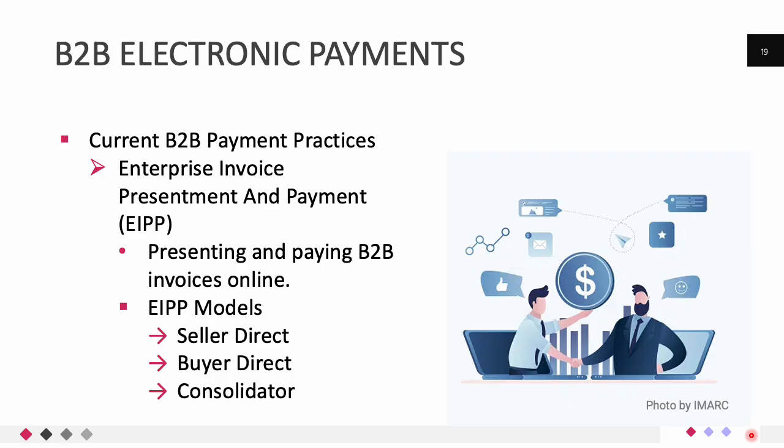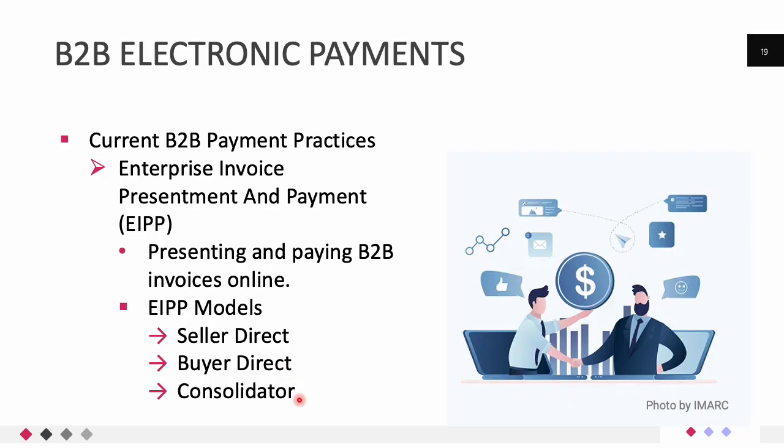So now there are three main models for how this works. First, there's a seller direct model where the company selling something, like a supplier, manages their own online invoices and sends the bills directly to the business customer. And then you have the buyer direct model where large companies set up their own payment portals and tell all their suppliers, hey, submit your invoice through our system, something like that.